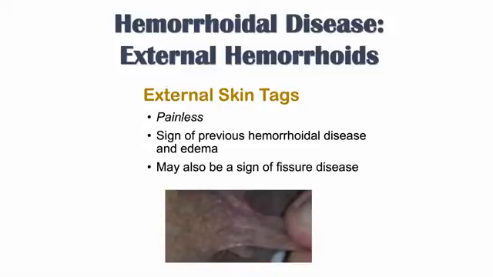But even though I mentioned that they are oftentimes a sign of previous hemorrhoidal disease, they may also be a sign of fissure disease or anal fissures. If you want more information on fissure disease, please check out my lesson on that topic. So again, external skin tags are a sign of previous external hemorrhoidal disease, and they're painless, but they can also be a sign of fissure disease.